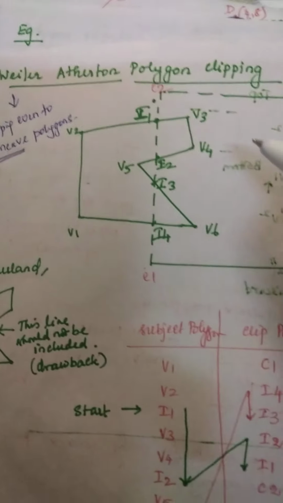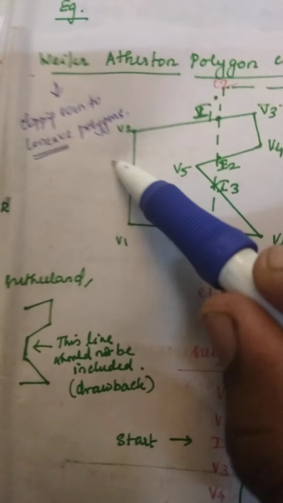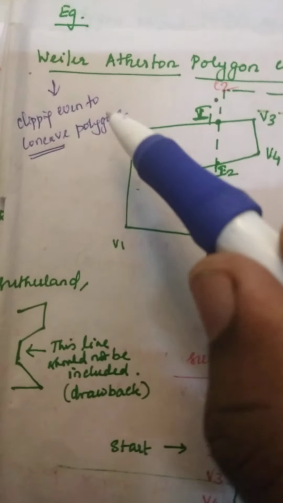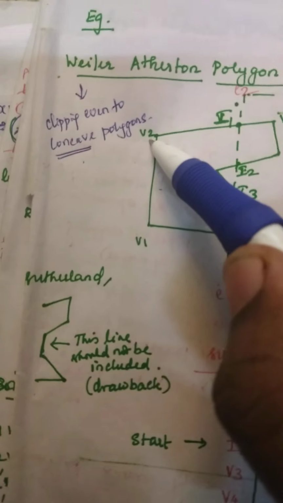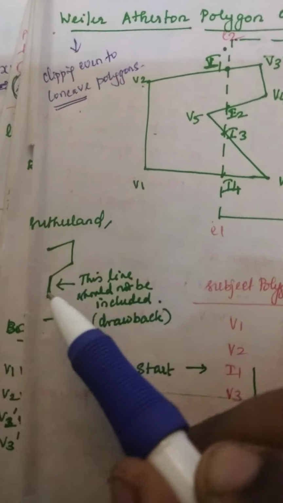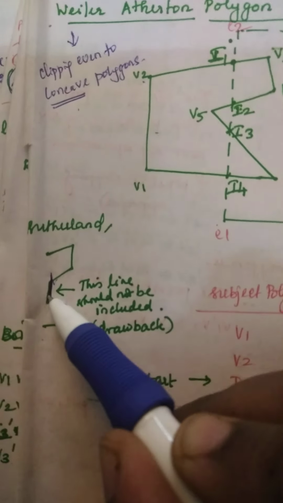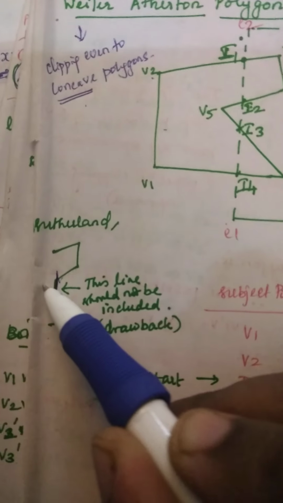In the Weiler-Atherton polygon clipping algorithm, concave polygons are also allowed, clipping even concave polygons. In the Sutherland algorithm, after clipping, this edge will also be included, but we should not use this edge.